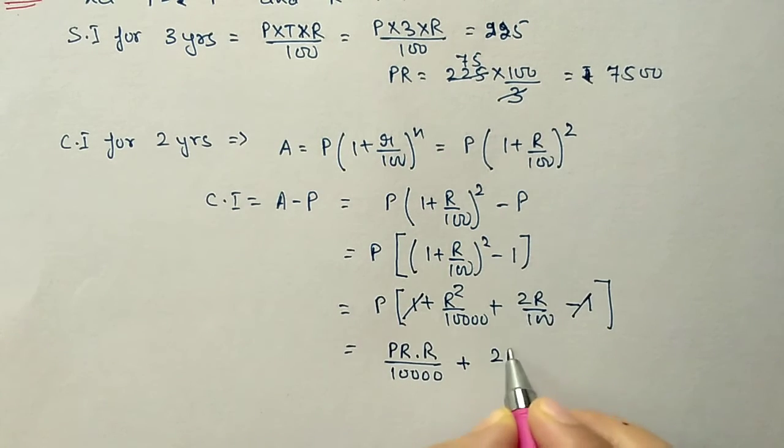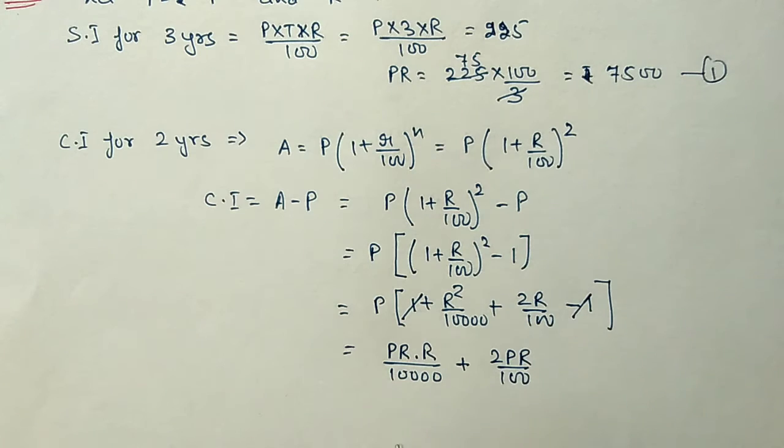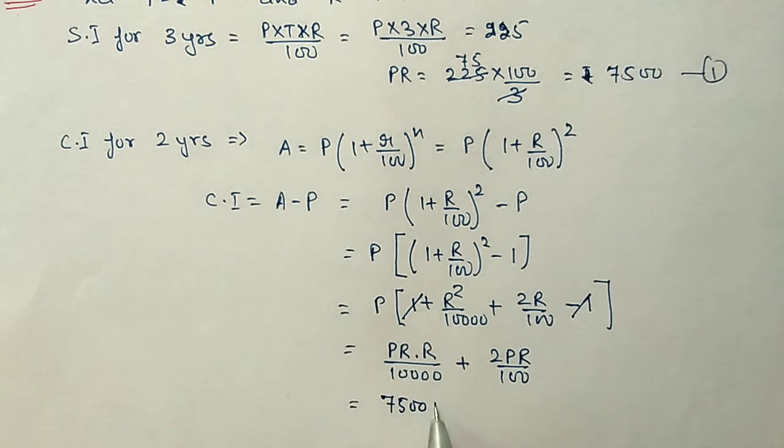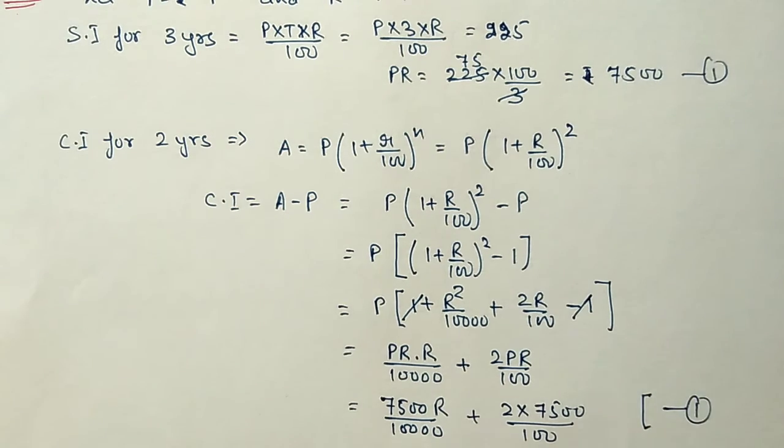Second one, 2PR by 100. Now PR value from this first expression we will substitute here. PR is equal to 7500, R as it is, divided by 10,000, and here also 2 into 7500 divided by 100. This we have kept from the first expression.